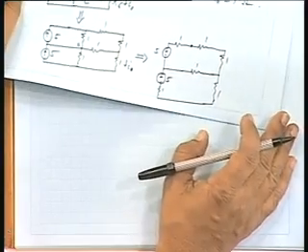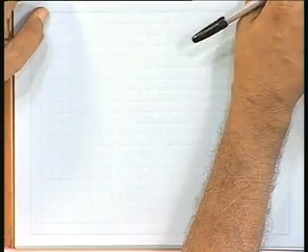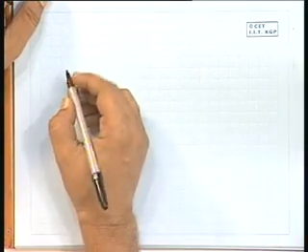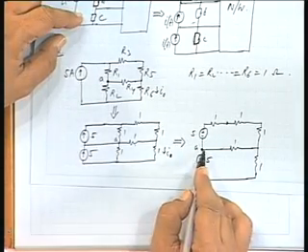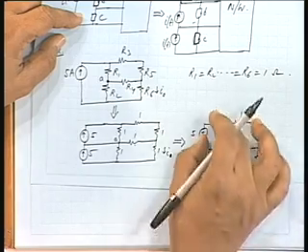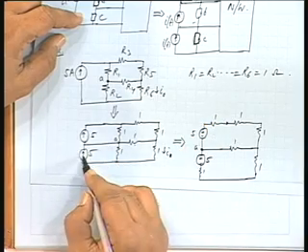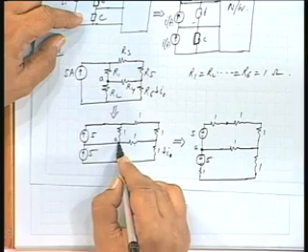Let us further reduce this. This point A comes here, because this is replaced by this. So, this is point A. Similarly, this is replaced by this, so this is the junction.